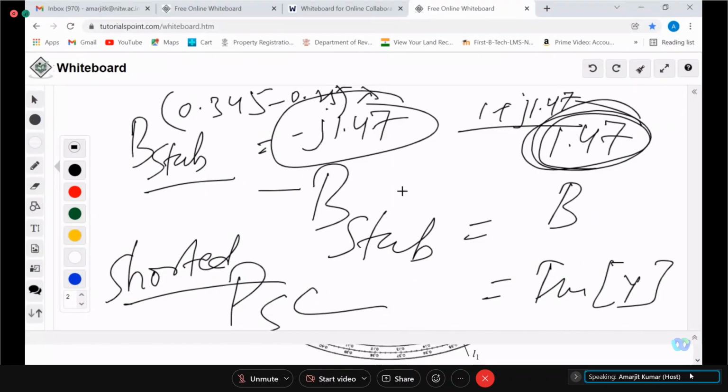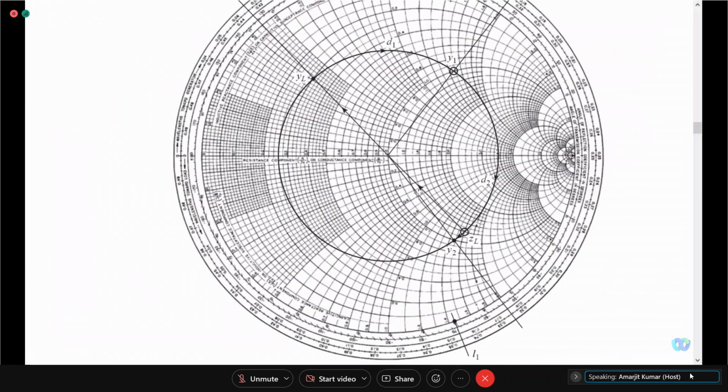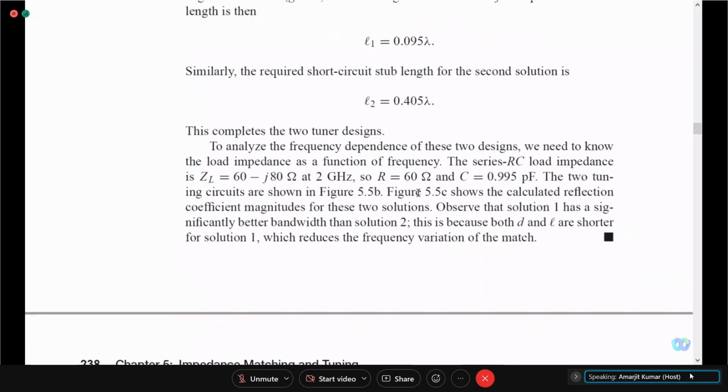How much is this? This is 0.095 lambda. And here what is the answer? 0.095.